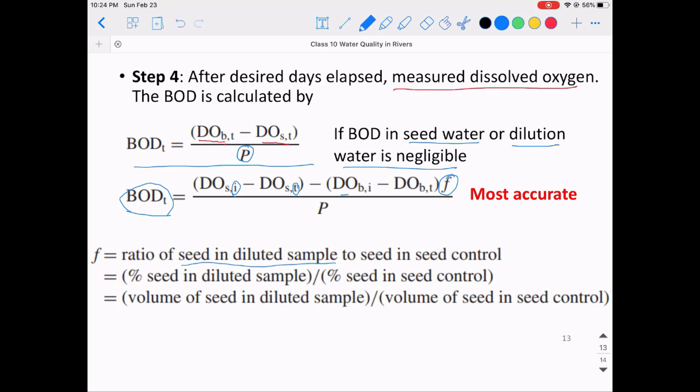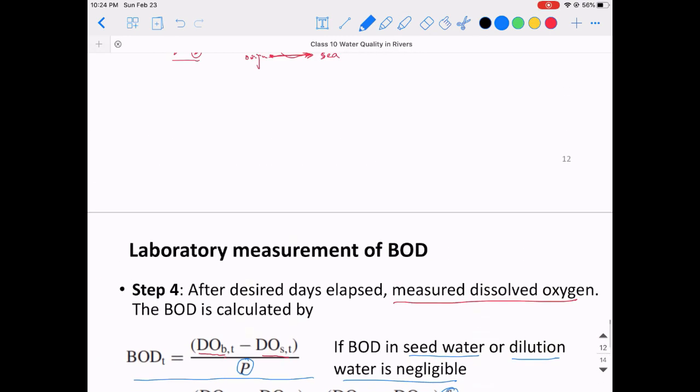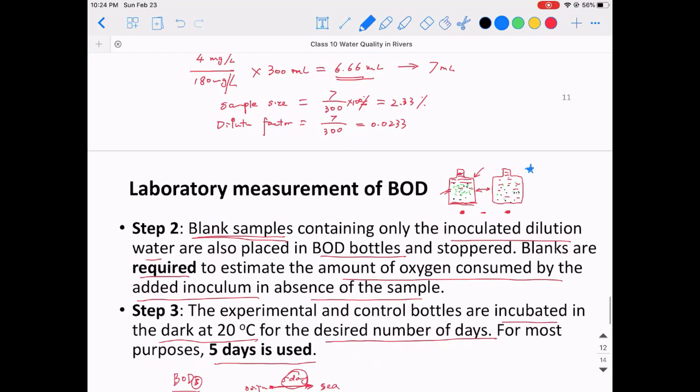So this F is further defined as the ratio of the seed in the diluted sample to the seed in the seed control. So basically, the seed is the volume that's containing the microorganisms, right?